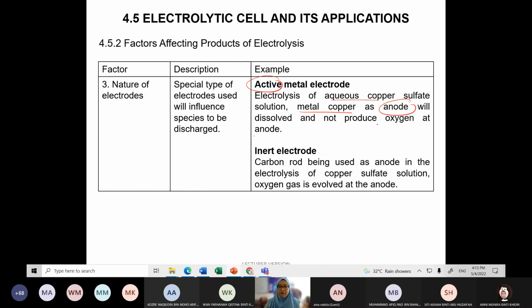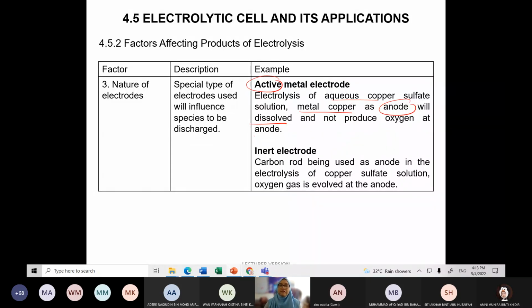Okay, so instead of oxygen being produced, tapi dia akan pilih copper. Okay, metal copper tu, the anode will dissolve. Okay, we are talking about the electrode tu will be dissolved, will be chosen as the one to be discharged at the anode.